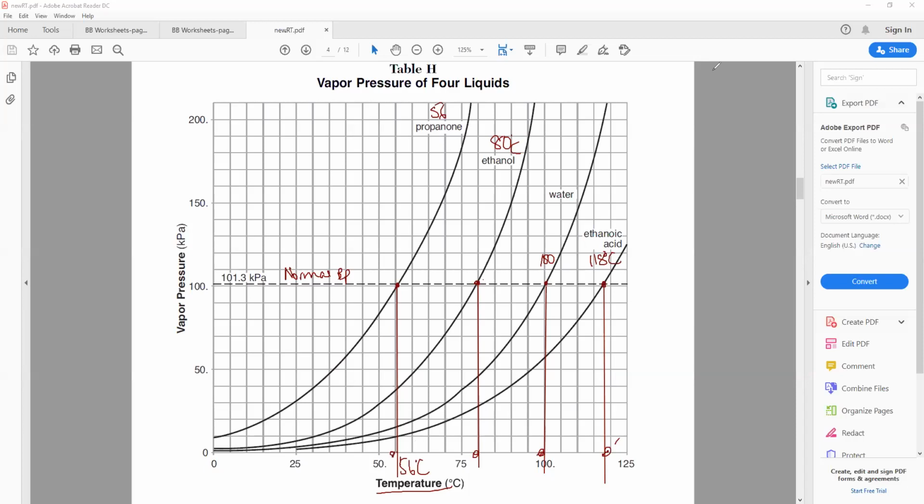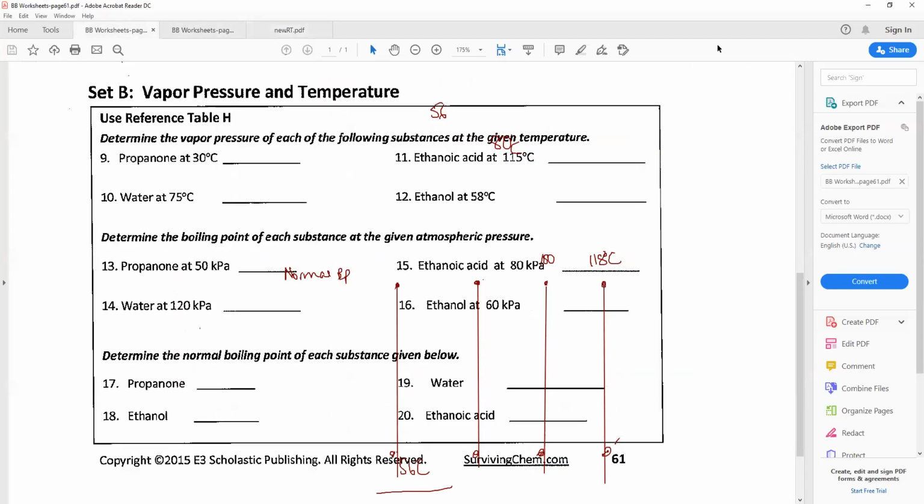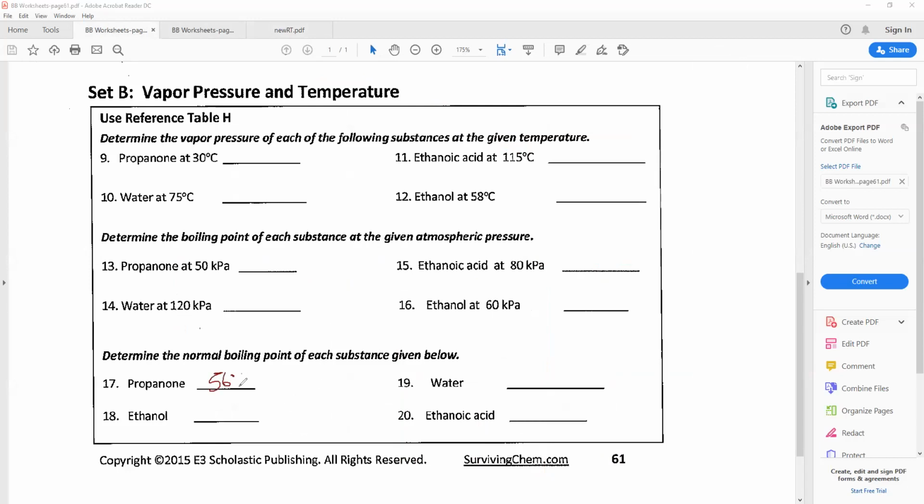So let's go back and write them. As we found them: for propanone, approximately 56; ethanol 79 or 80 degrees Celsius; water 100 degrees Celsius; ethanoic acid 118 degrees Celsius. I hope that was helpful. It's just a simple reading of the graph.